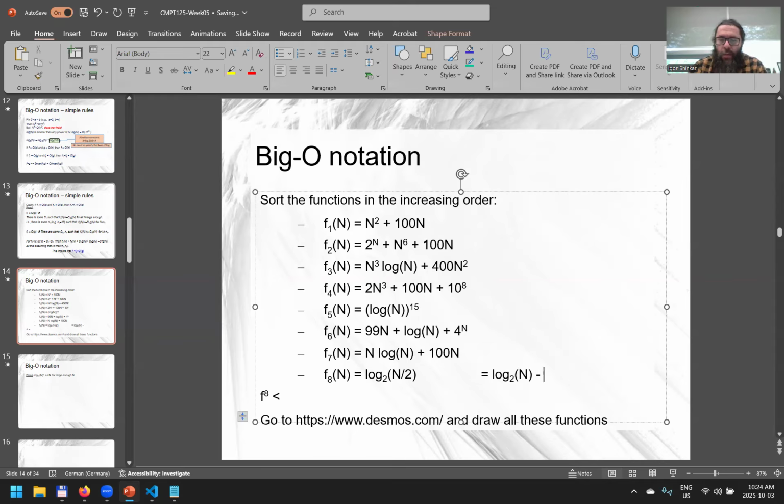So this is a small one. What's the next one? This is log to the power 15, so I suppose the next smallest will be f5.